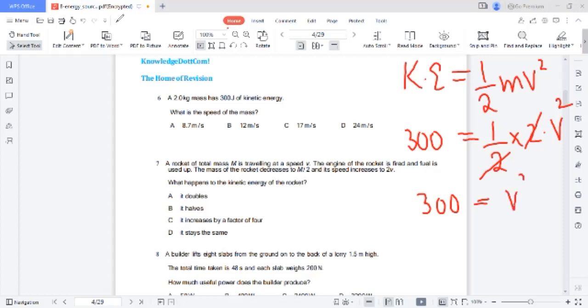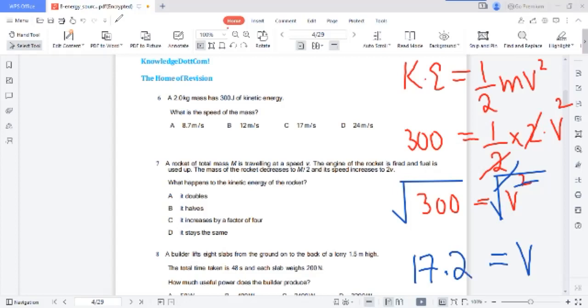is equal to v square. So by taking the square root on both sides, v would be equal to, so it is approximately 17.2.